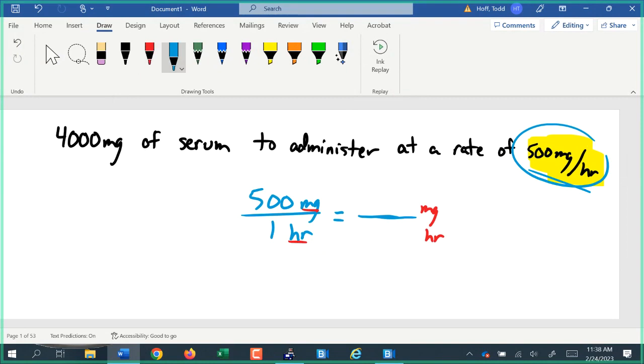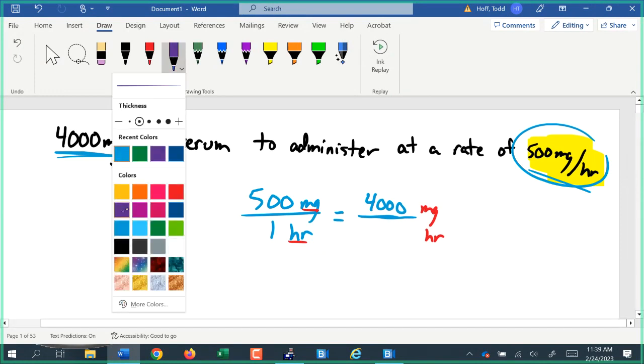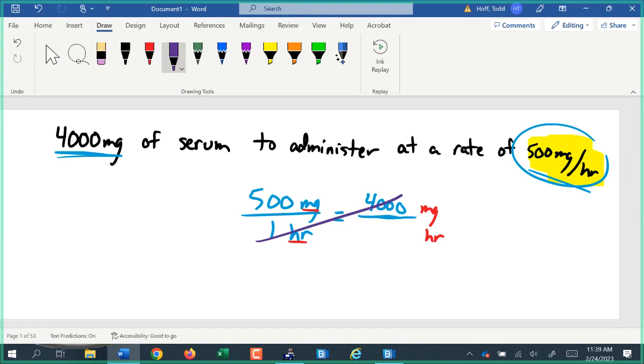Looking at the numbers we're given, the 4,000 milligrams would have to go in the milligrams on top. And we want to figure out how long this would take to administer, so we're going to find the hours. We cross multiply 1 hour times 4,000 milligrams. That's 4,000 milligram hours if we're using the units.